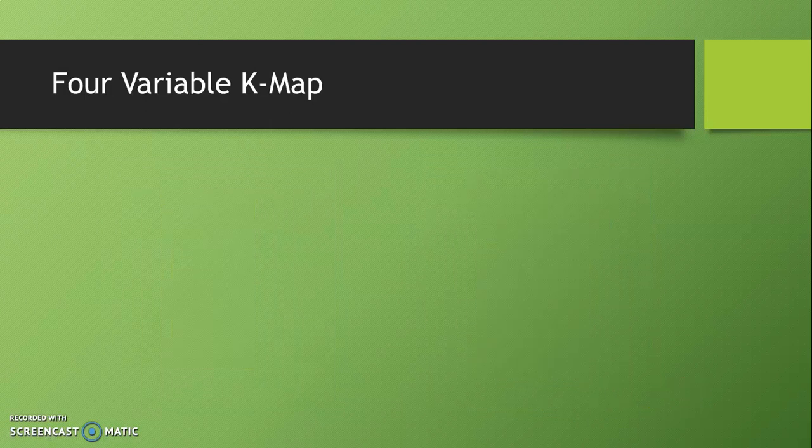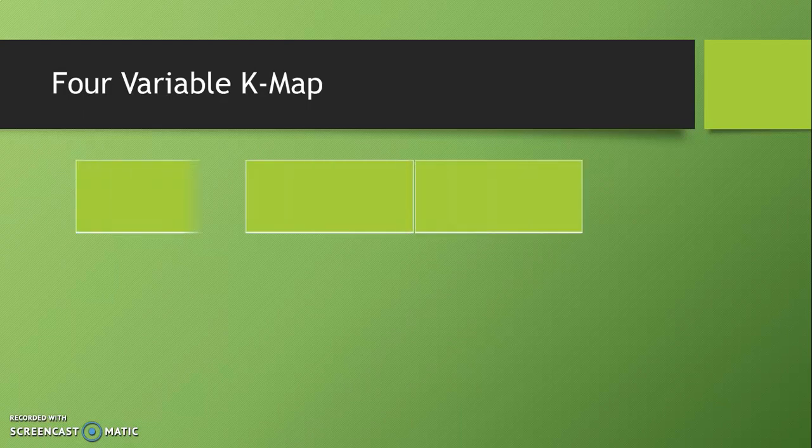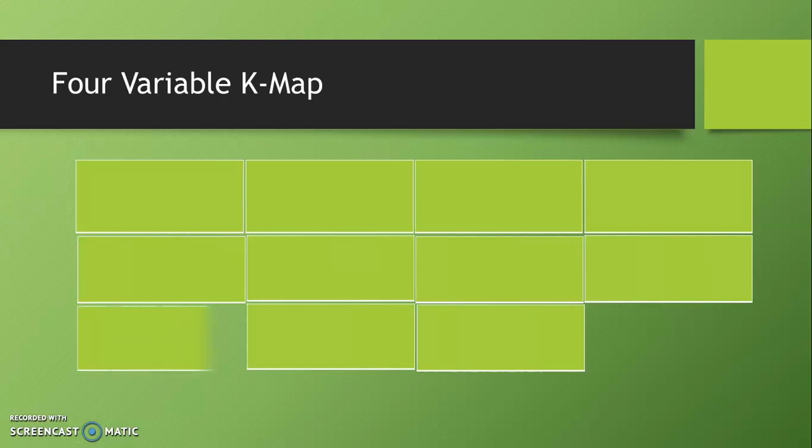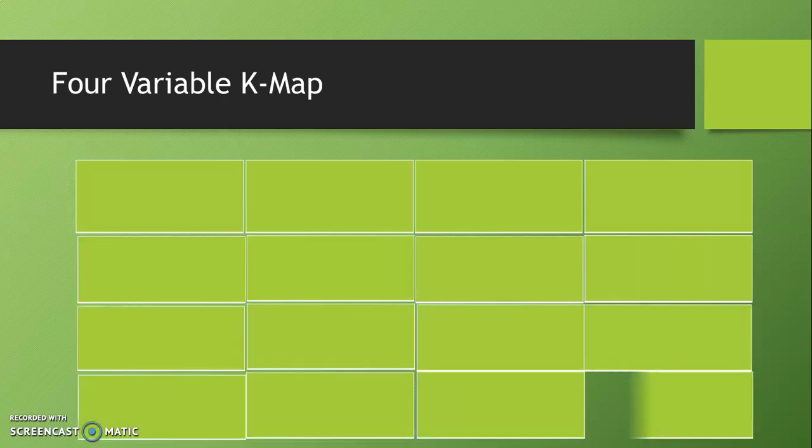For 4 variables, we know that the K-map has a total of 16 cells, 4 rows and 4 columns. And if we now write the variables, AB is taken on the horizontal plane and CD is taken on the vertical plane.